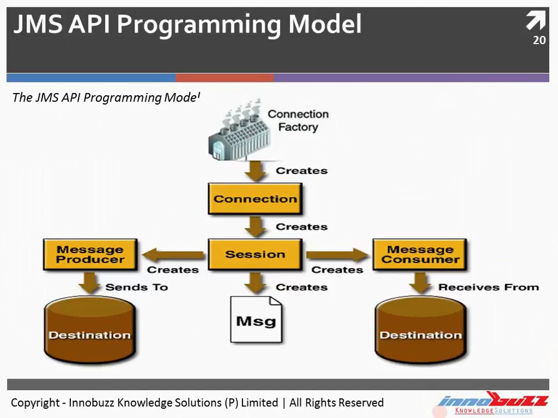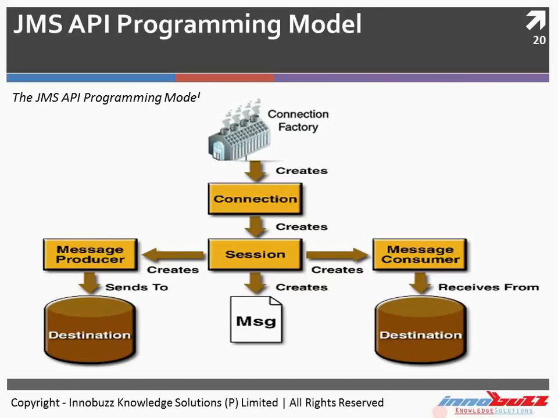Before going to the API programming model, let's see the components of the API. We have the connection, coming from the connection factory, and we have message producer, session, message consumer, and destination. All these are the components of the JMS application program interface.